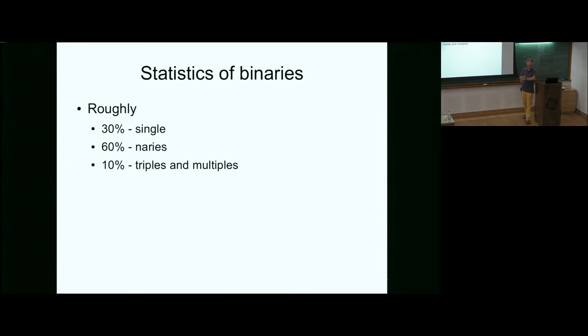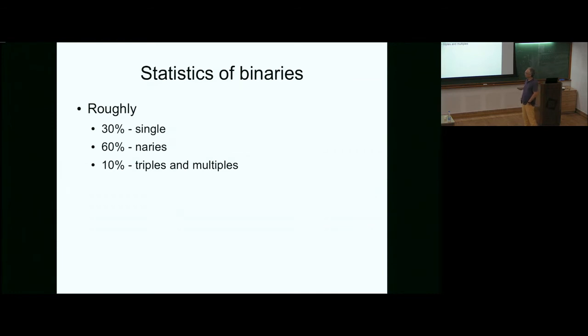I have mentioned that there are also multiple binaries, triples and quadruples, hierarchical binaries, and that the statistics of the binaries is such that roughly 30% of the objects in the sky are single stars, 60% of the objects are binary stars, and 10% are triples and multiples.